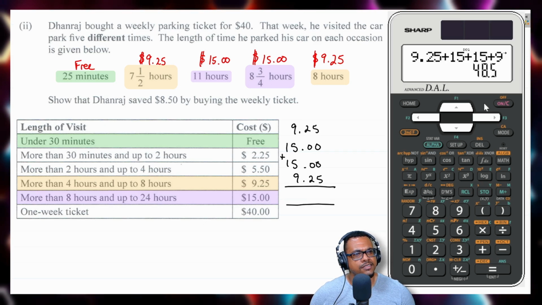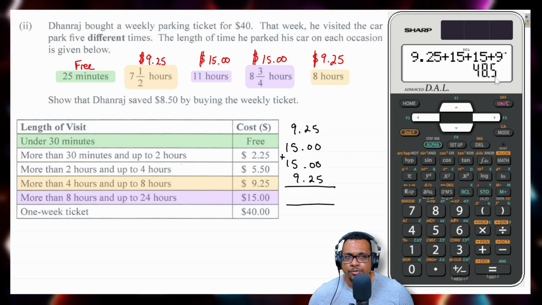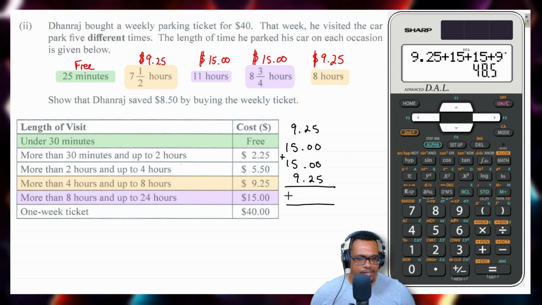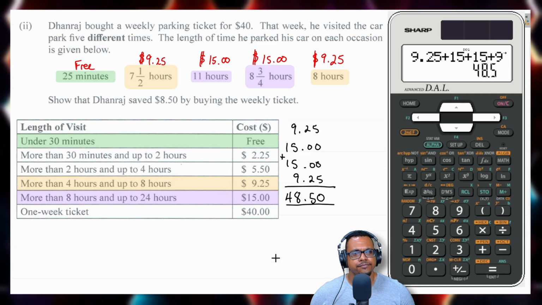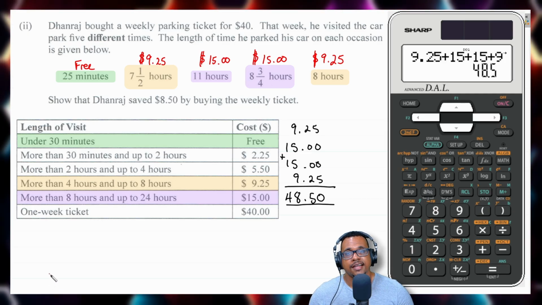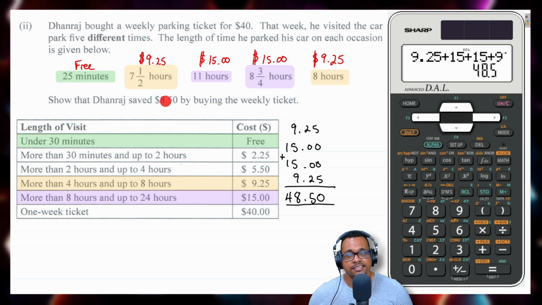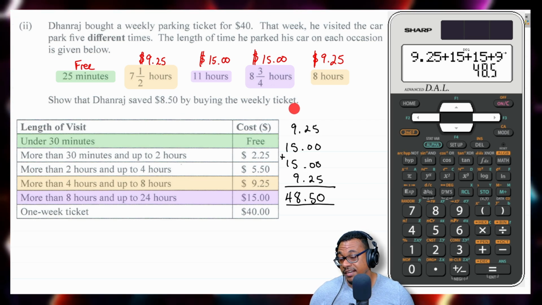And I get $48.50. Remember, we're dealing with money, so we need 2 decimal places. So this will be 50 cents. So we have $48.50. Now it's very clear to see that if he paid $40 for a weekly parking ticket, this crosses that amount by $8.50. So he saves $8.50 by buying the weekly parking ticket.